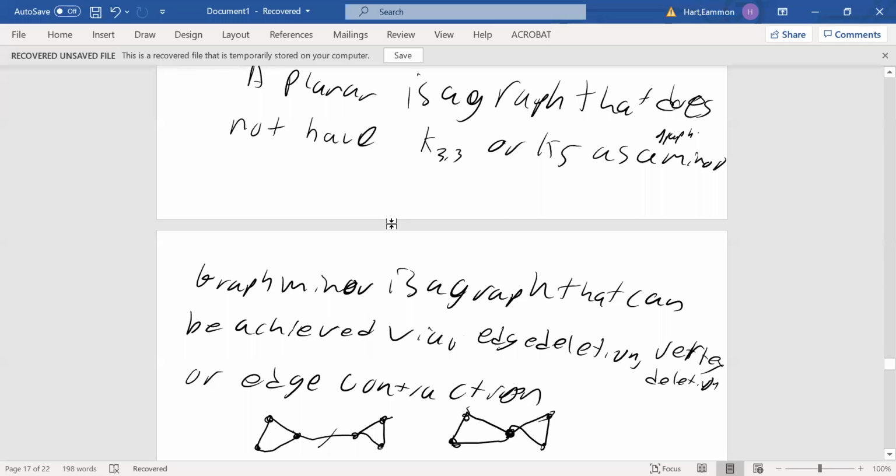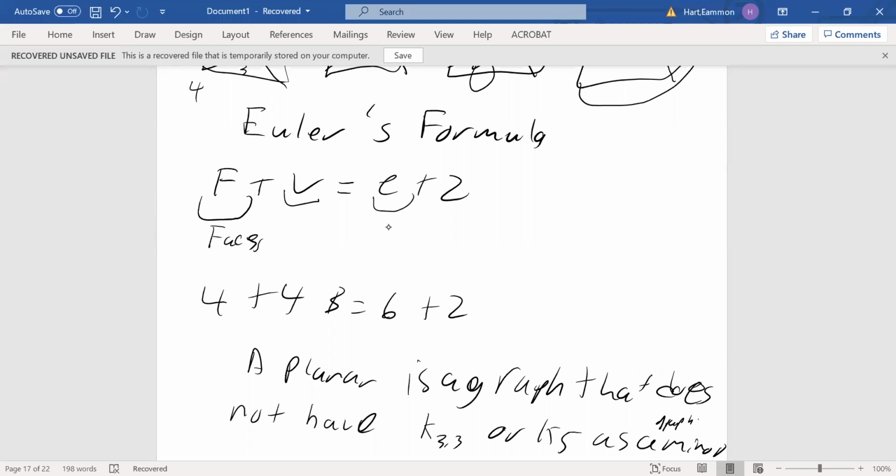There are generalizations of Euler's formula. Basically, if I were allowed to look at everything on a donut instead of on a flat sheet of paper, then I would have more freedom. If I were to look on a double donut, then I would also have more freedom.